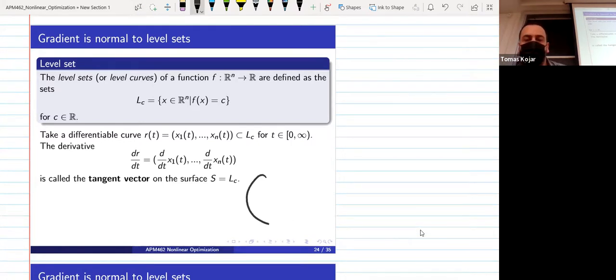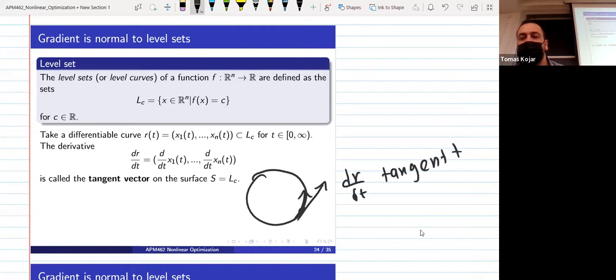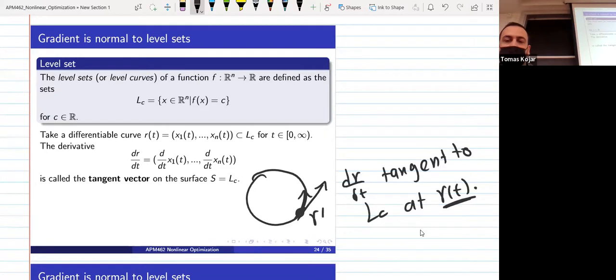So you have your level set and you have your curve r, and if you take its derivative, it gives you the tangent vector. So this vector here is called tangent to the level set at r of t. Yes, it has to be inside.